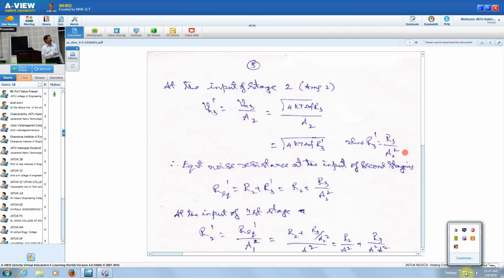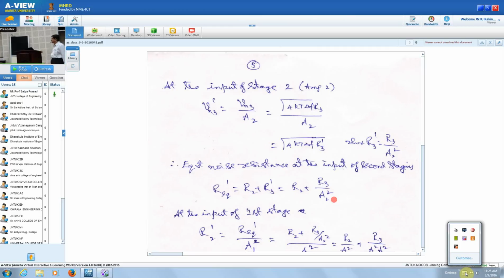Voltage is divided by A2, whereas resistance is divided by A2 square. Therefore, the equivalent noise resistance at the input of the second stage is R equivalent prime, which is R2 plus R3 prime. So R3 of the second stage output has been reflected as the input R3 prime. Therefore, the total resistance is R2 plus R3 prime, or R2 plus R3 by A2 square.